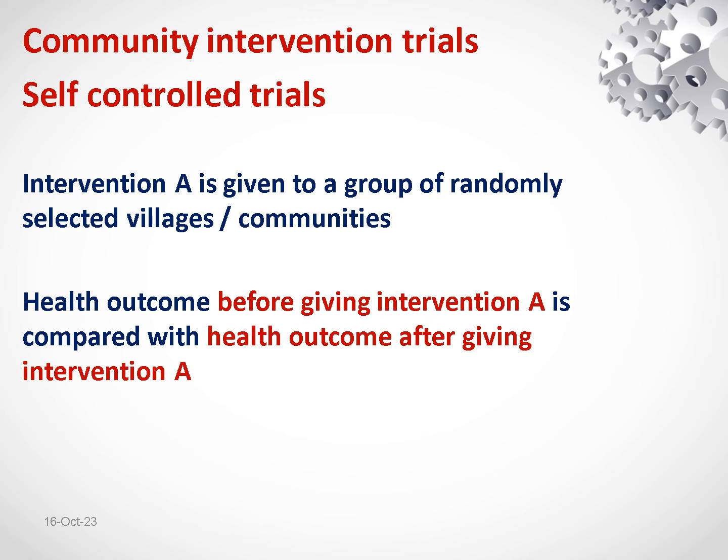Now we can see what is a self-controlled trial. Intervention A is given to a group of randomly selected villages or communities. Health outcome before giving intervention A is compared with a health outcome after giving intervention A. It is similar to pre and post test comparison.